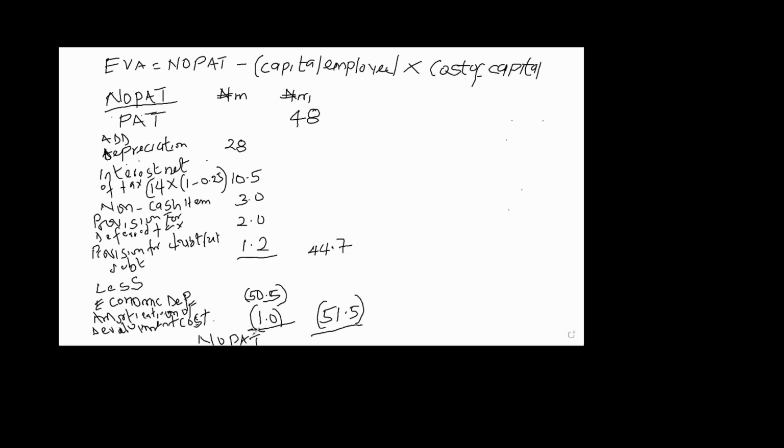Please add 48 million, 44 points. Excuse me, sir. Less 51. The first calculation is not correct, sir. Which one is not correct, sir? 44.7 is not correct. It's 45.2. Are you sure?